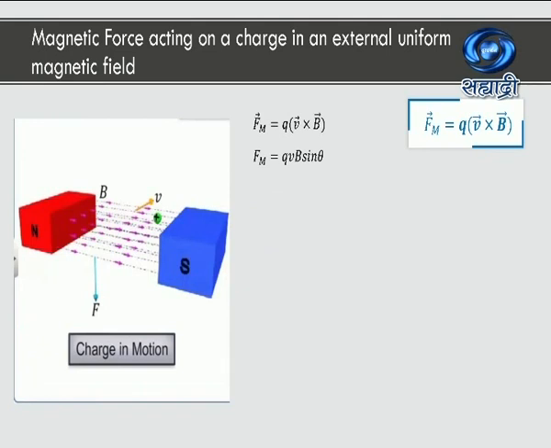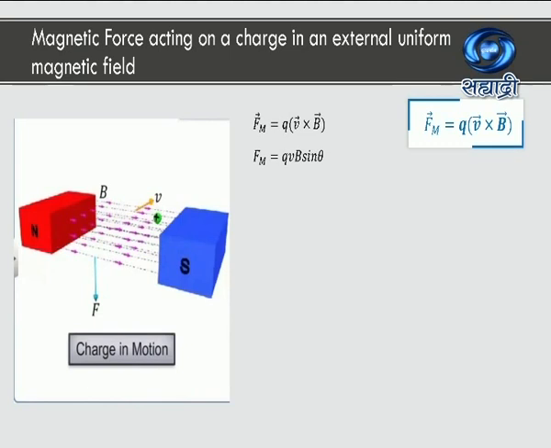Magnetic force acting on a charge in an external uniform magnetic field. Dear students, minutes ago I explained what happens when a charge is kept in an external uniform electric field. Electrostatic force is being experienced by that charge. Now today we are going to study something very new.